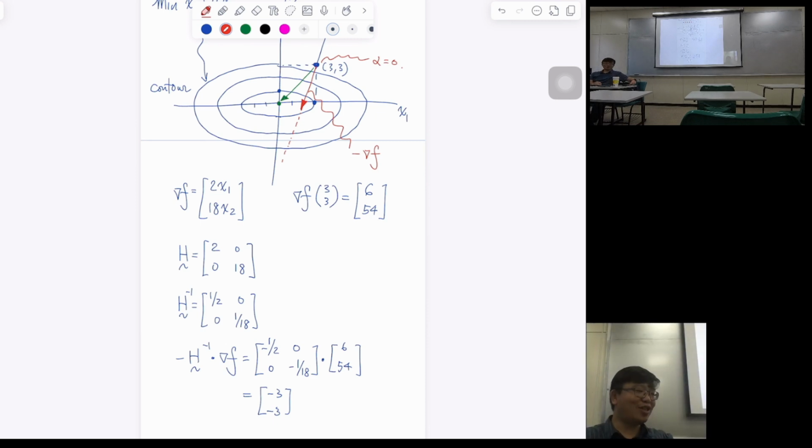So the line search, the alpha search, is basically trying to see how far you should take the step when you move from 3, 3 toward the red arrow. So you can find the minimum point toward that direction. So the minimum, if you observe, is around here.